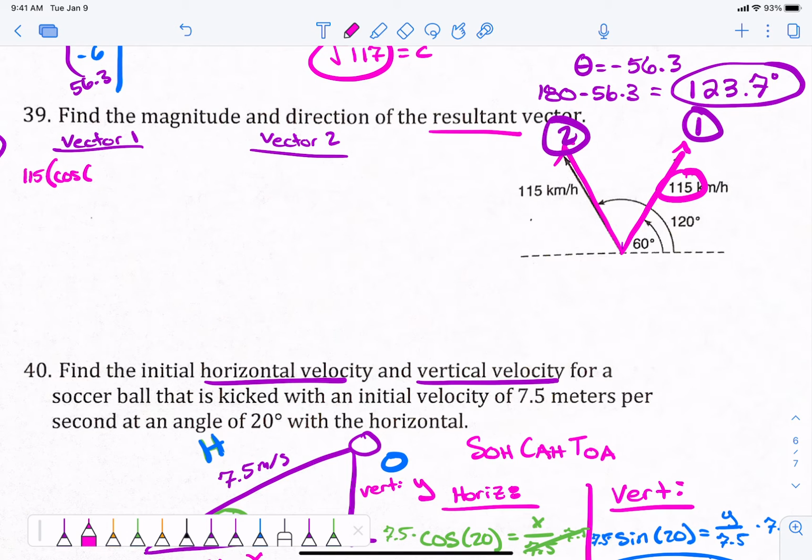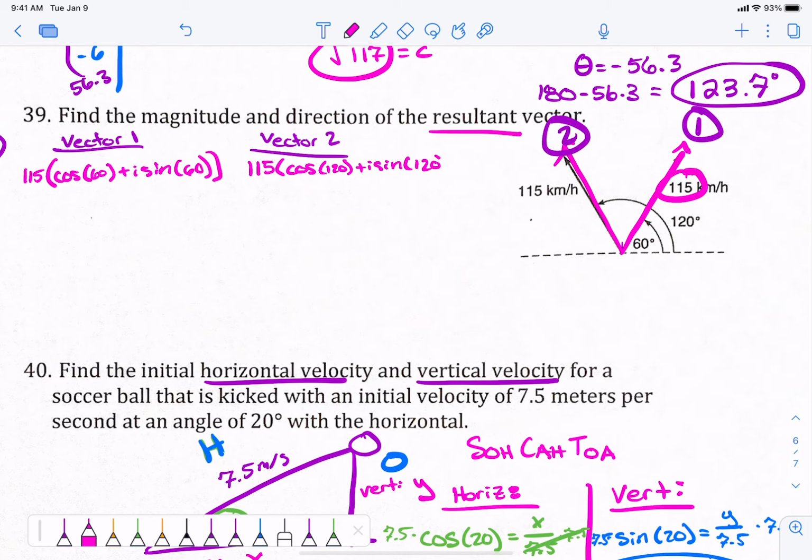What's the angle for vector 1? 60 degrees, plus i times sine of also 60 degrees. Okay, vector 2, what's it going to look like? Same thing, but 120 degrees instead of 60 degrees.